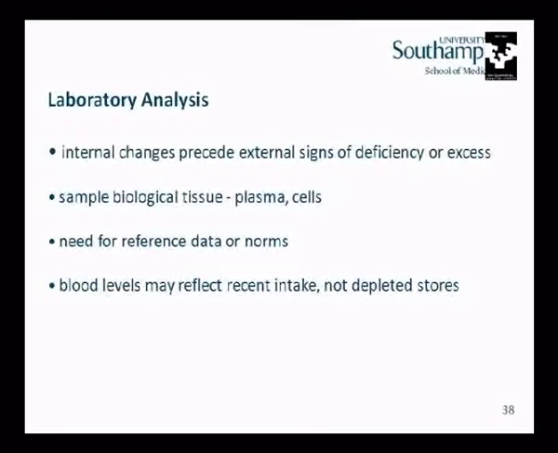You can look at different biological tissues, plasma cells, you can also look at sweat, saliva, feces, urine. Again, the need for reference data, but as I mentioned before, blood levels may not reflect stores, but they can reflect recent intake.